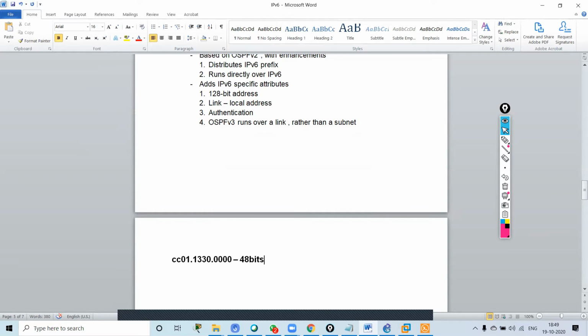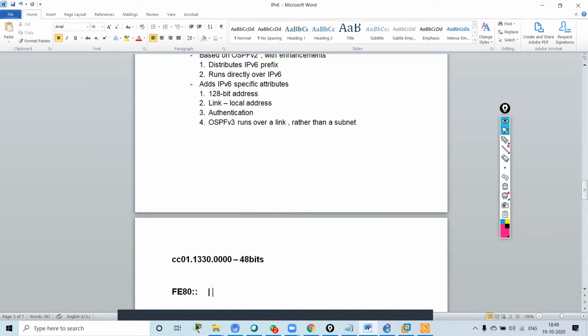Now what do we have to do? The first 64 bits will be FE80 colon.